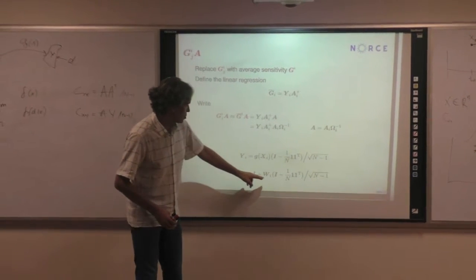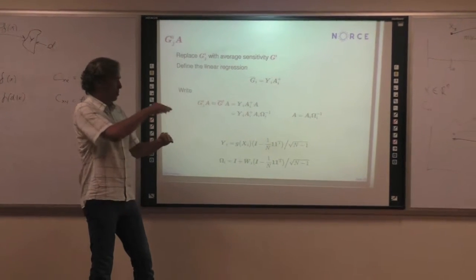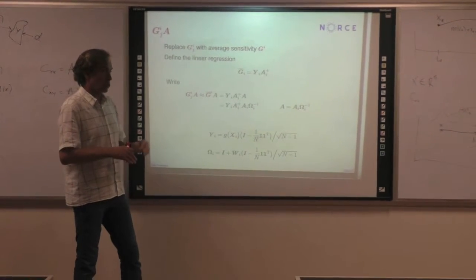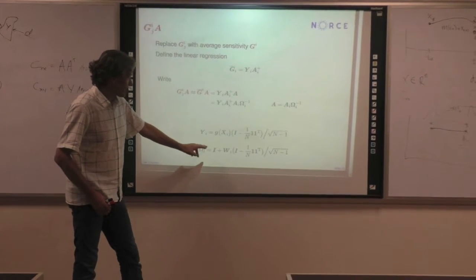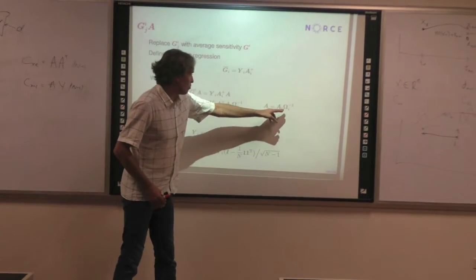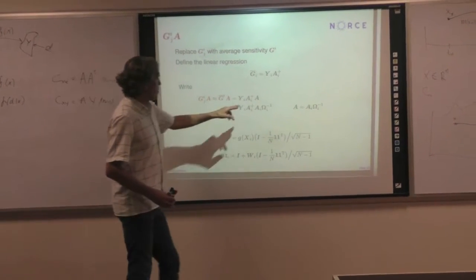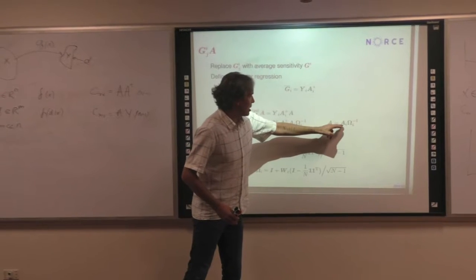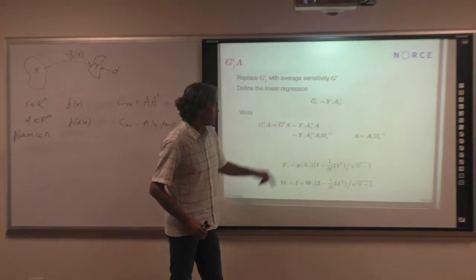And this Omega is just this equation here. In the paper, it's just a few steps to show that this has to be true. And this one is invertible, so you can multiply from both sides. And now I can take this A and replace it with A_i and Omega_i inverse, like this.